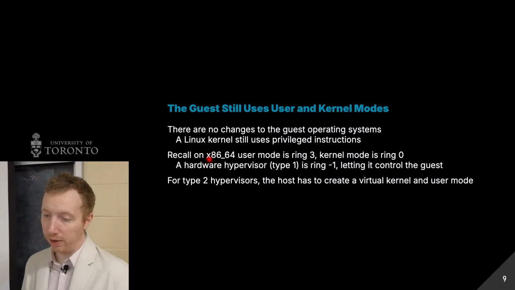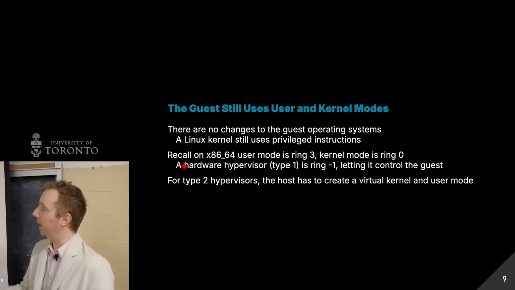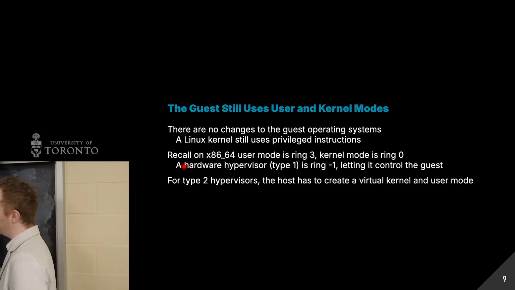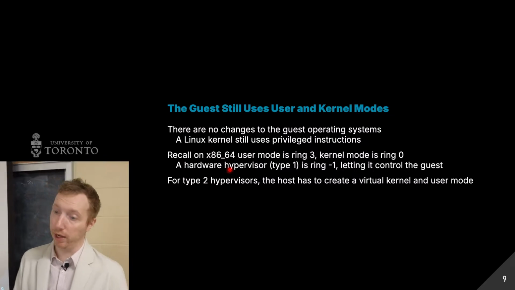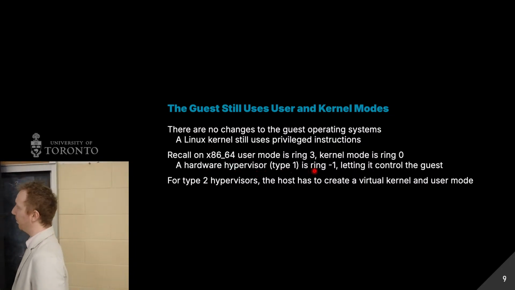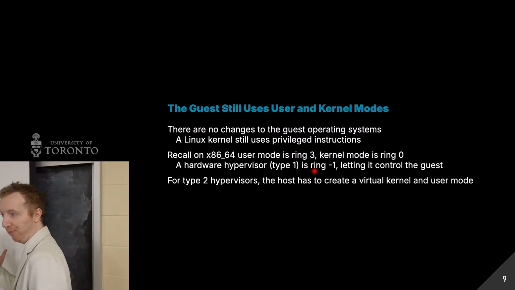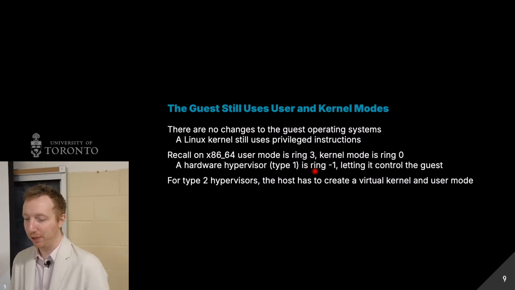So you can tell how old this ISA is because, well, they couldn't renumber them, and a hypervisor needs to be more privileged than kernel mode. So they just named it ring -1. If there's already a 0 and it's more privileged, well, you have to go into the negative.